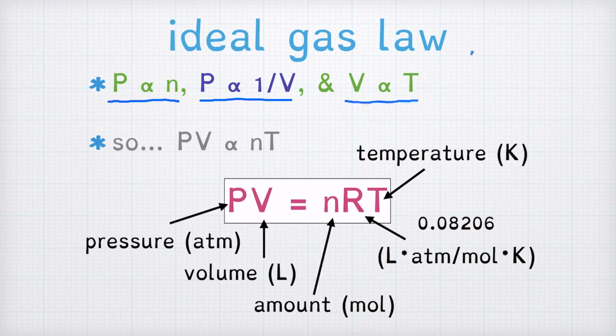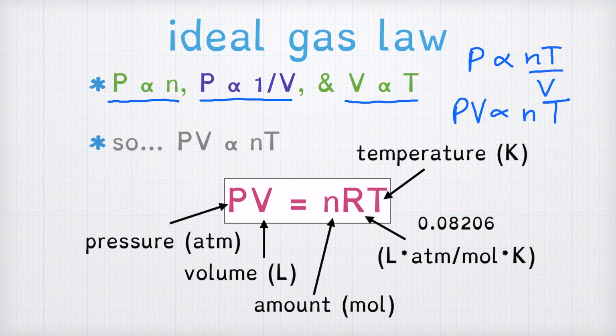So if you just write it as a proportionality, you'd say that pressure is proportional to nT over V. So we can rearrange and have PV is proportional to nT. And then if we want to turn that into an equation, we need to introduce a proportionality constant. And that gets symbolized by capital R.